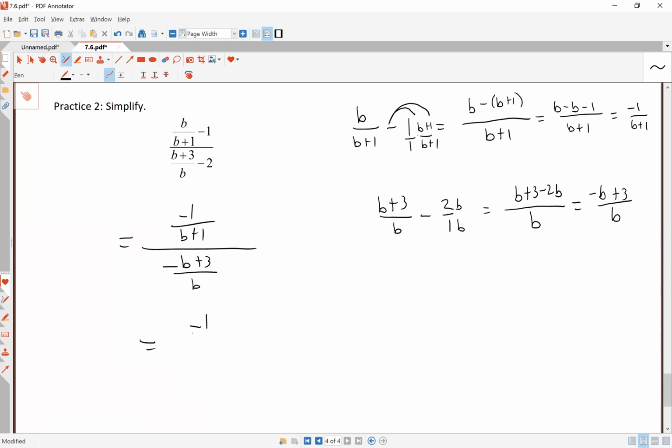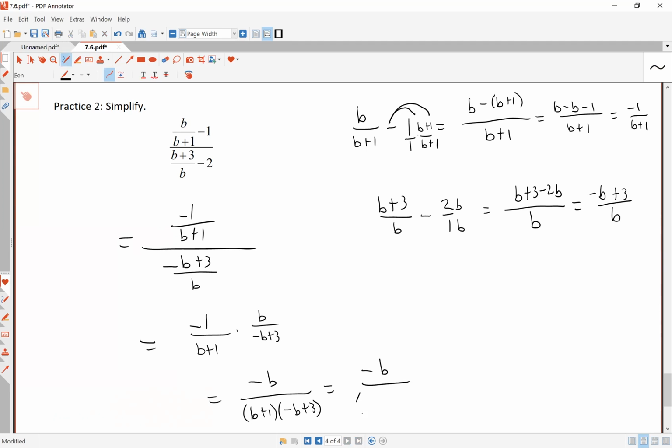And now we take the first fraction, -1 over b plus 1, and multiply by the reciprocal, b over -b plus 3. And there's nothing that can simplify here, so you get -b times b plus 1 times -b plus 3. That's a valid answer.